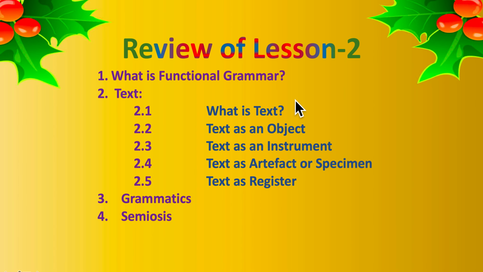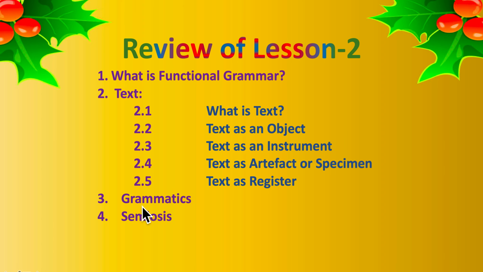Now we have the review of lesson 2, what we have studied so far. If you recall, number 1, what is functional grammar? We talked about text. What is text? Text as an object, text as an instrument, text as artifact or a specimen, text as register.